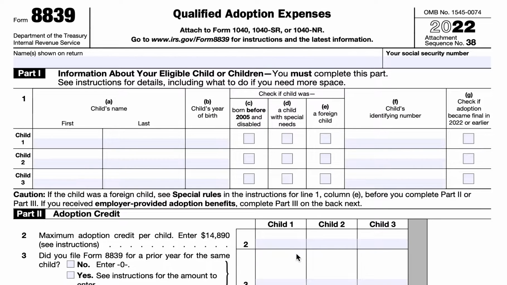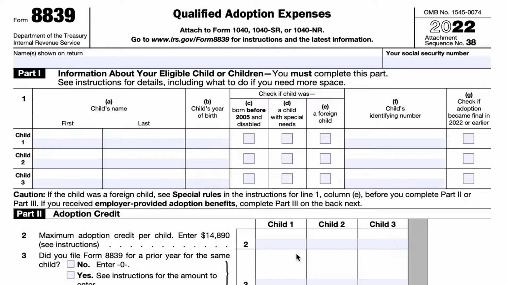Before we go on with this form, I'd like to cover a couple of administrative items. In 2022, the maximum credit and the exclusion for employer-provided benefits are both $14,890 per eligible child.